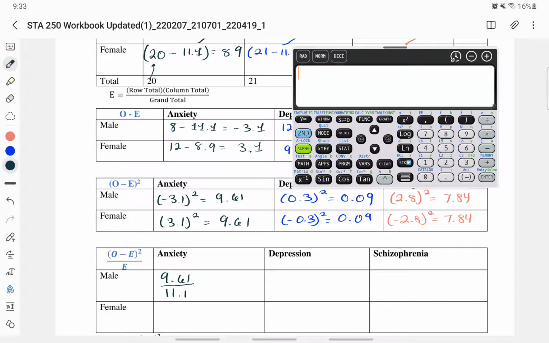For female and anxiety, the square was 9.61 divided by the expected, which is 8.9.